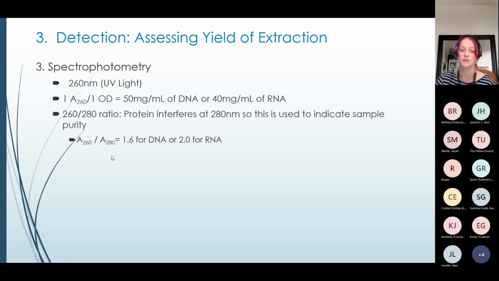Remember, if our 260 to 280 ratio is lower, we have protein contamination, and if it's higher, we have RNA contamination.